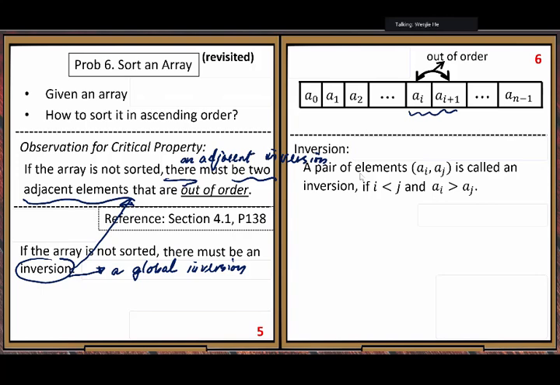So you can see we make our statement much stronger. There is a gap, and we want to bridge the gap between global inversions and adjacent inversions. But that gap can be bridged easily.